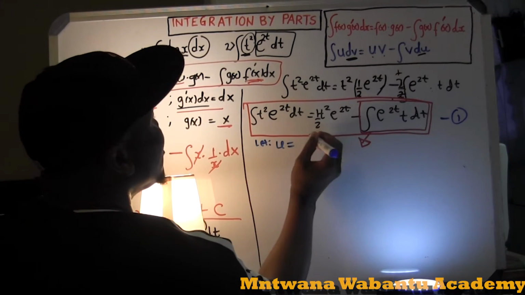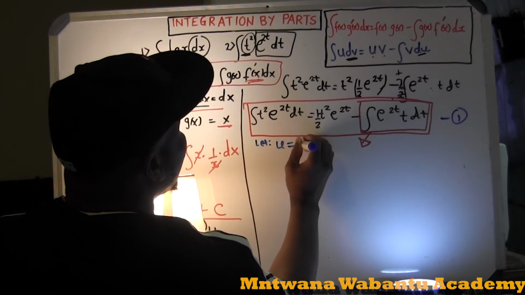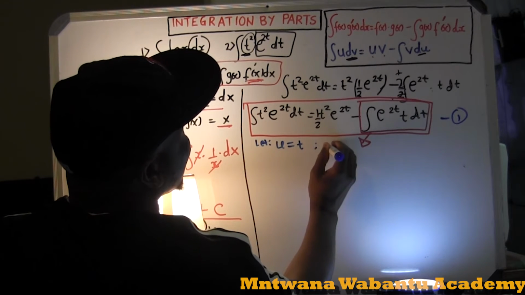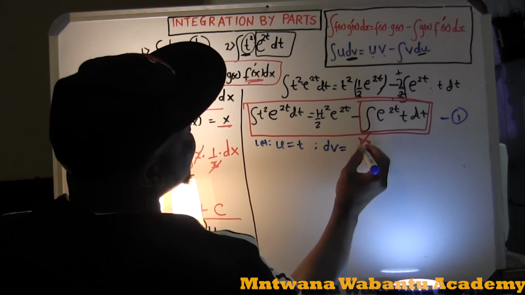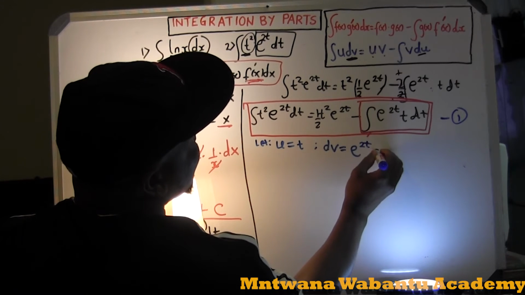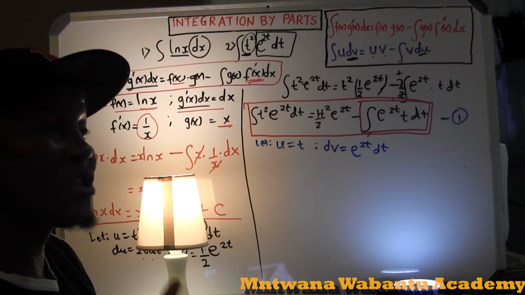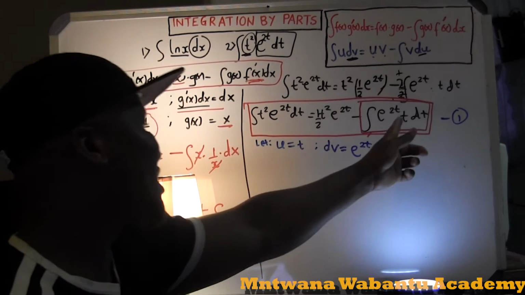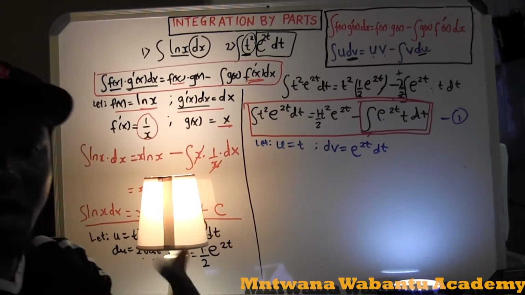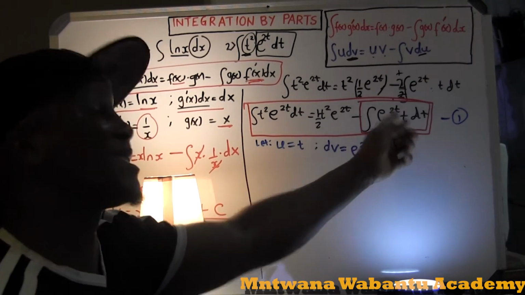Let u equal to t, and dv equal to e to the 2t. How do you know which one is going to be u and which one dv? The more questions you do, the more you're going to get used to it. Whenever I have a t with something, let u equal to t, and let dv equal to the exponential function. So integrate the exponential function and differentiate just the t.